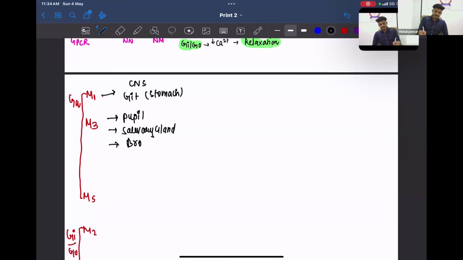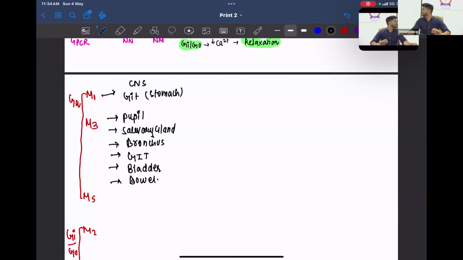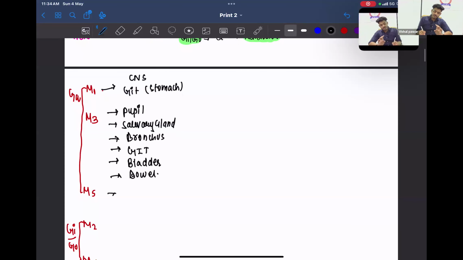What are the muscles that are coming? You can remember them. After the bronchus, you have the GIT, and then you have bladder and bowel. These are going to be the Gq type of subunit. And M5 is also going to be present in your CNS.